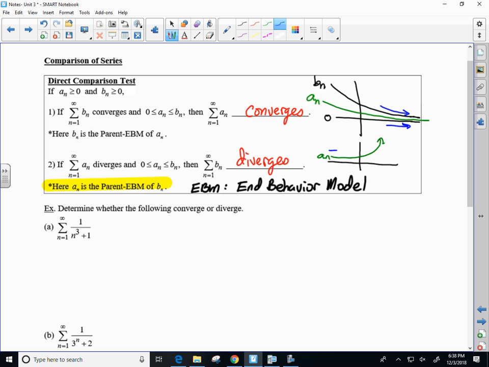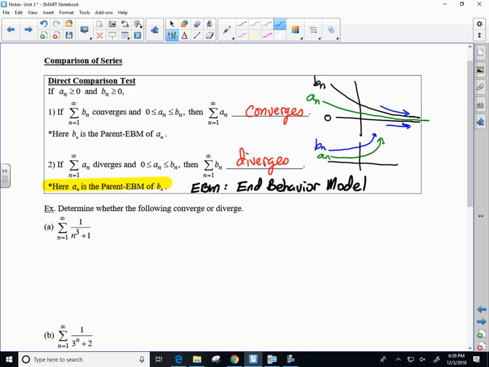I could draw it up here if I want, but as I get closer and closer to the right, well, I can't go past it. It would have to take on the same shape. So while A sub n is turning uphill, B sub n would also have to turn uphill. So A sub n is divergent because it's going out to infinity. B sub n would necessarily have to go out in the same direction.